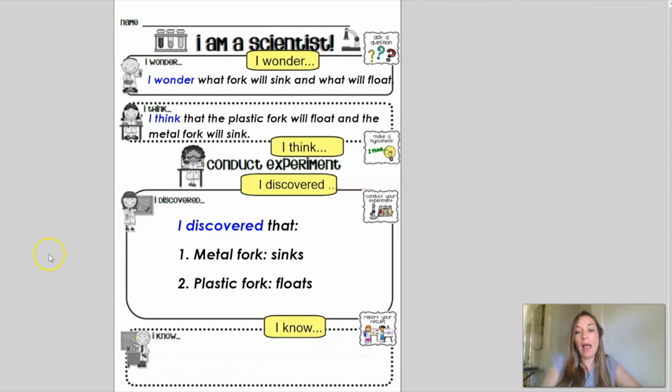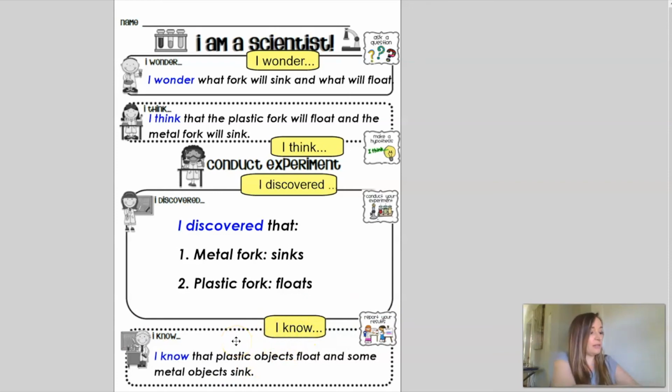So now I can report my results by saying I know that plastic objects float and some metal objects sink.